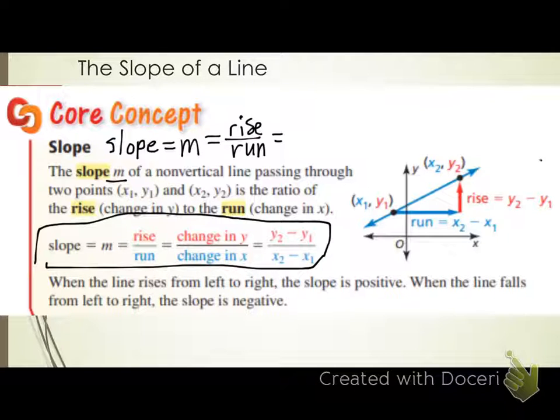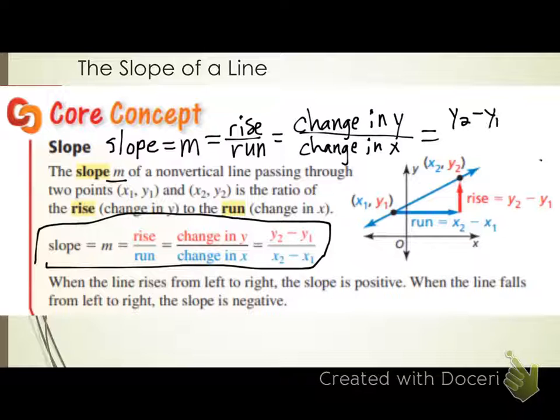Slope is also the change in y over the change in x. And then the last part is our slope formula. y2 minus y1 over x2 minus x1. You need to have the whole thing written down.